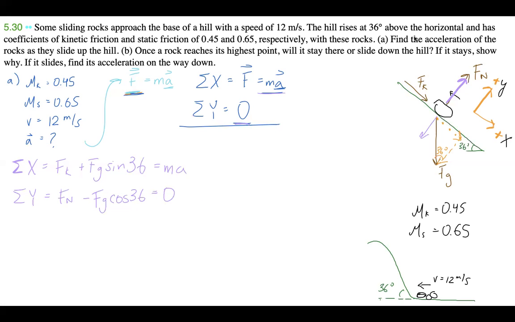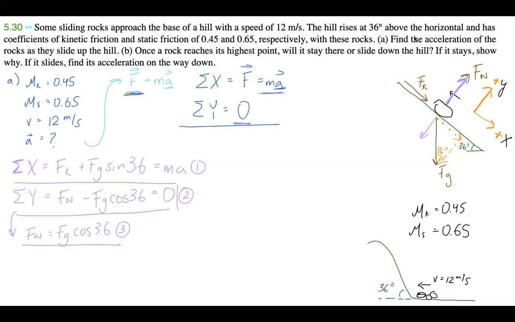All right, cool. Now, all we have to do is solve for this. So let's start with this equation over here. Basically, what we figured out is Fn is equal to Fg cos 36. Cool. And let's label these: let's call this 1, this 2, this 3.